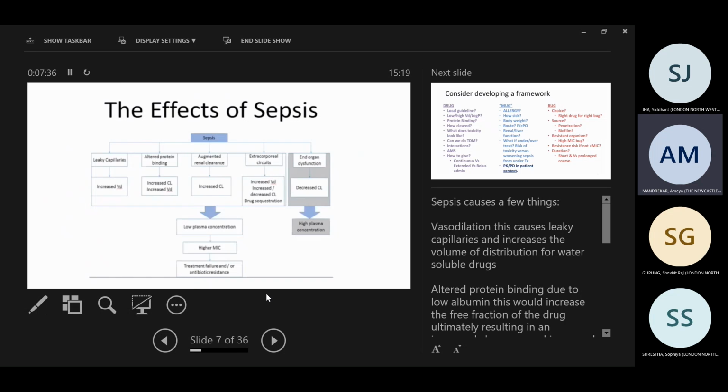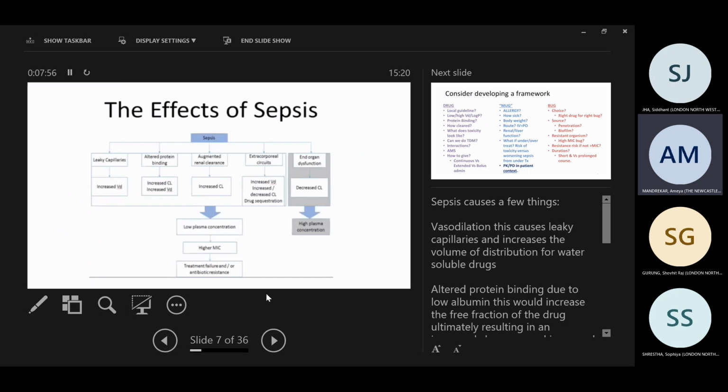Then there's something called augmented renal clearance. So with sepsis, your cardiac output would sometimes increase, and when it increases, there's an increased clearance of that drug. That phenomenon is seen mainly in critically ill patients initially, and hence causes a low plasma concentration of the drug.